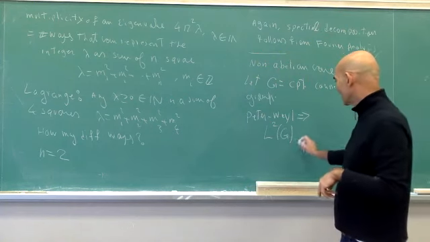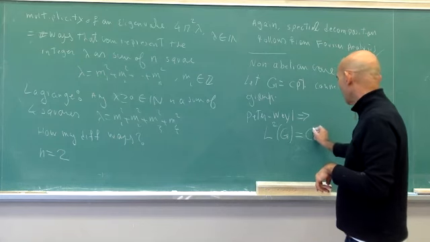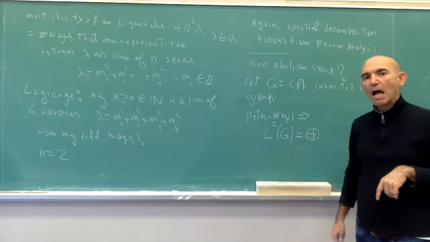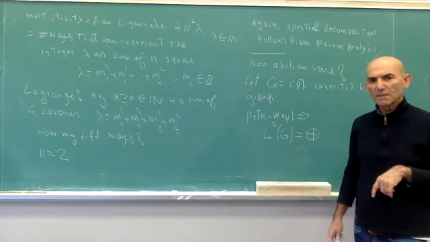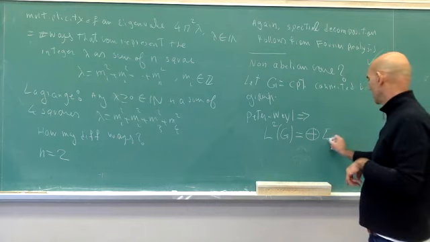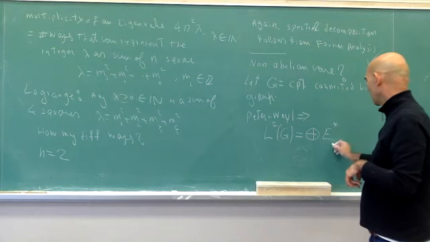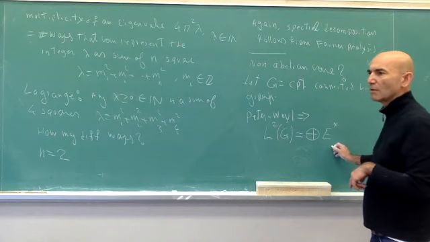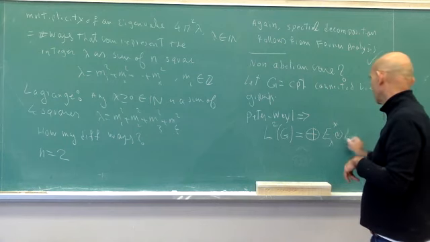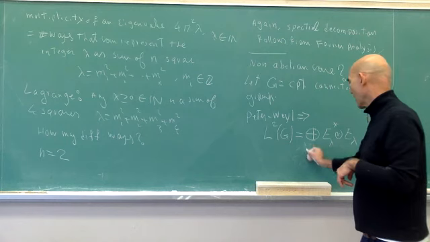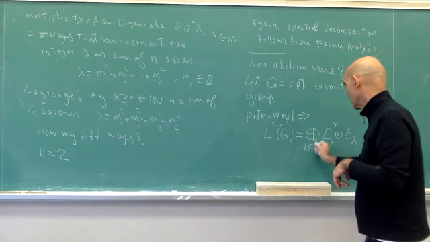Okay, very good. So L2 of G is equal to the direct sum of, remember it was like E tensor E star or something like that? E lambda, what's a good notation? Maybe E lambda tensor E lambda star, where lambda belongs to G hat.